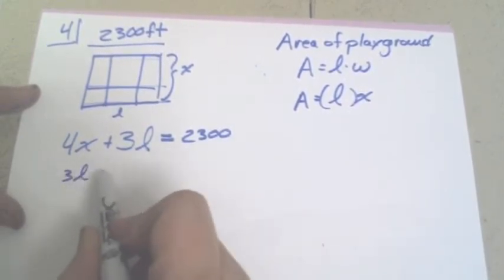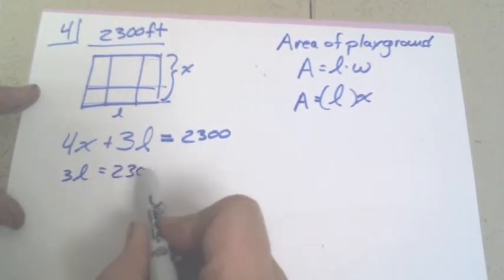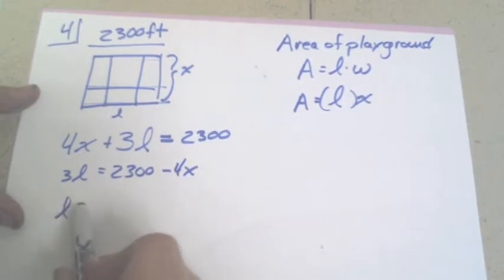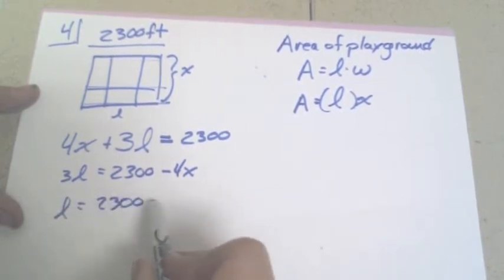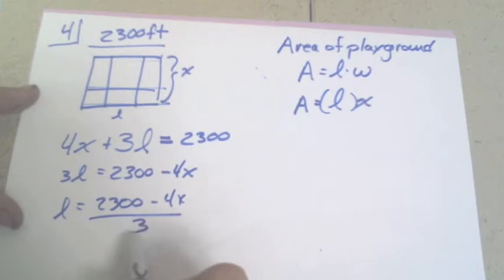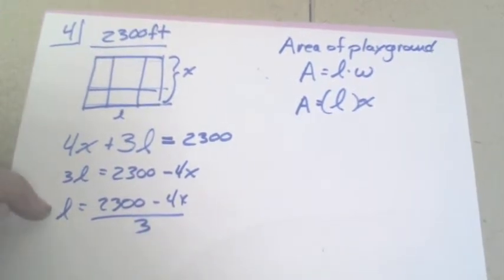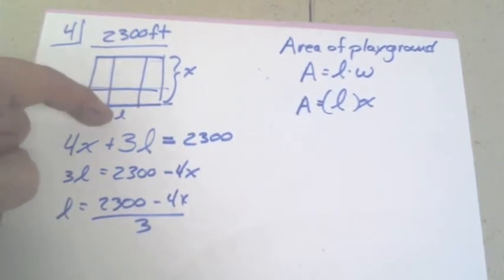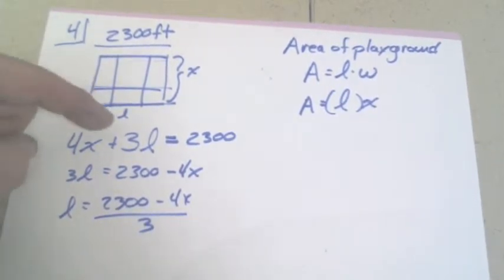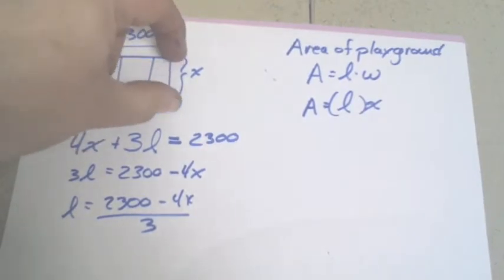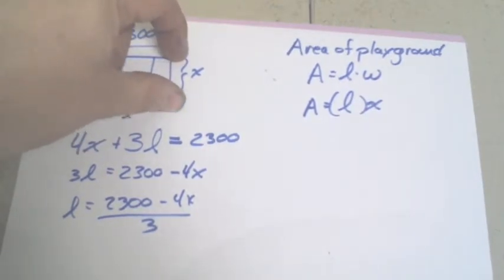So solve that relationship for L. Divide by the 3. Now you can think of this in a couple different ways. If you were actually building this and wanted to figure out how long this would be, and you knew this length was, say, 20 feet, well, what would you do?